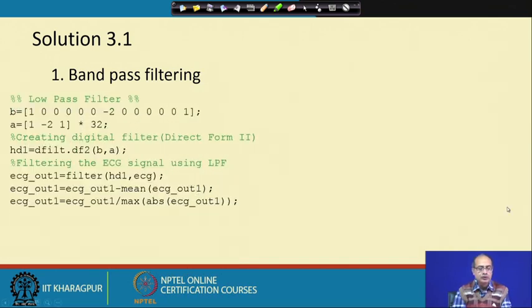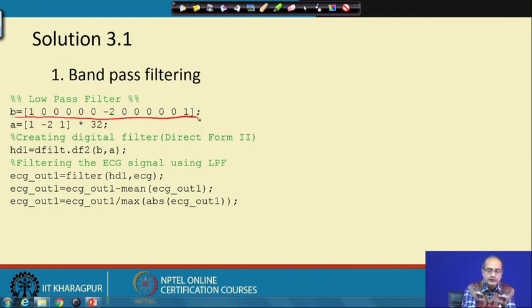First, for the band pass filter, Pan-Tompkins has actually suggested a low pass filter followed by a high pass filter, that gave a band pass filter. For the numerator we find these are the coefficients.